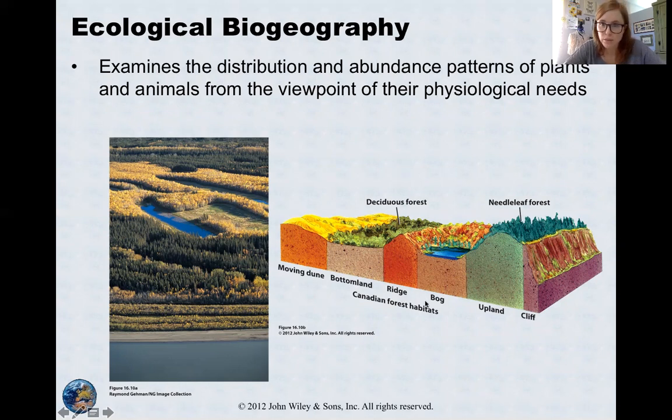Here we have a couple of different habitats: needle-leaf forest, bog, which is swampy water, basically brackish water, a little bit of salt, is what brackish means. And a deciduous forest, which is something we would see in Canada or New Zealand or somewhere like that.